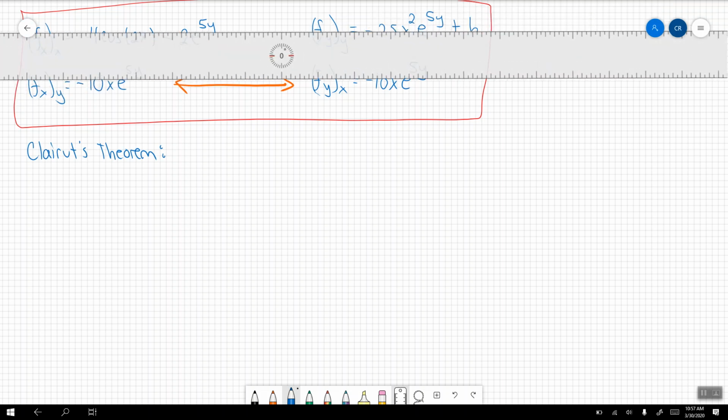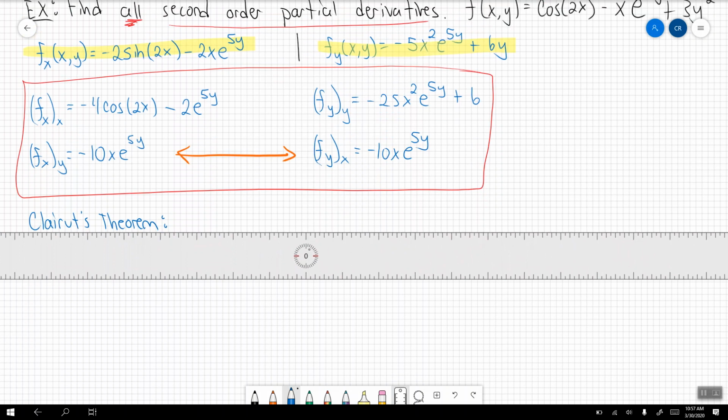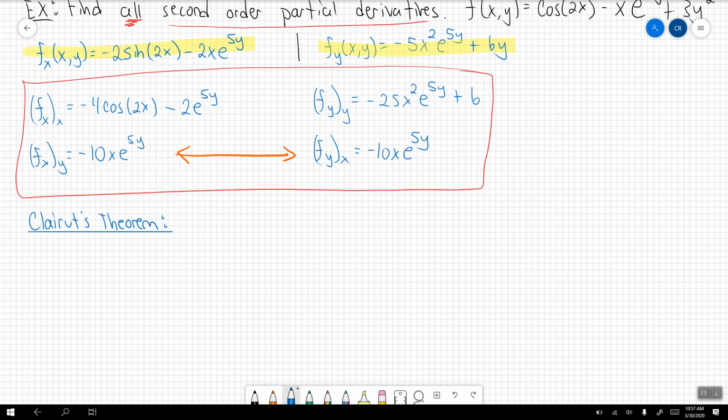Now, what Clairaut's theorem tells us is that we suppose that f is defined on a disk, call this disk D, that contains the point (a, b).